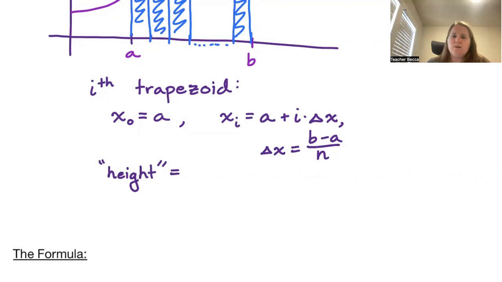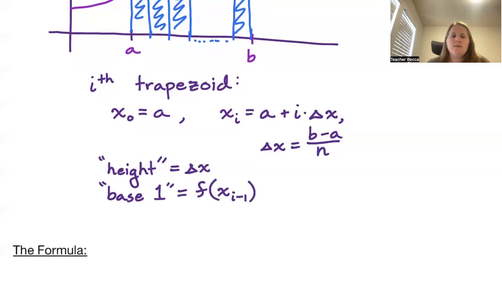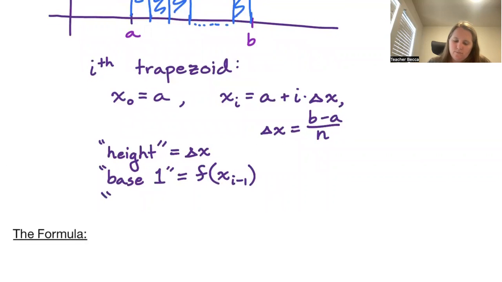is actually going to be our delta x. Our base 1 will be the height at xi minus 1, so f of x sub I minus 1. Our base 2 is the height at xi.